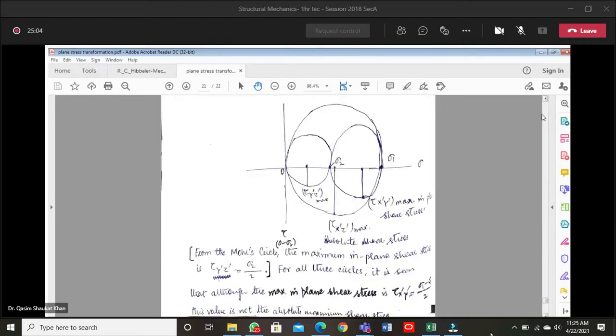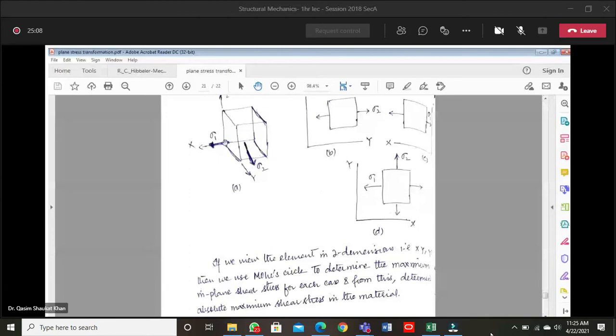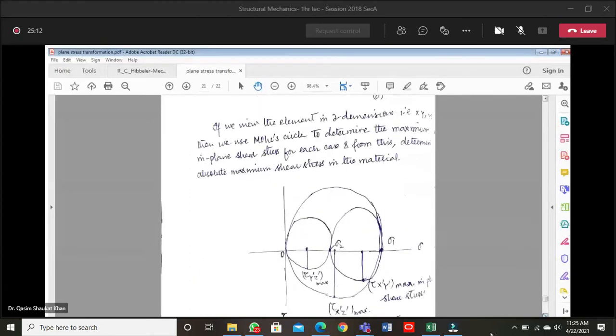Okay, guys, if in this case both sigma 1 and sigma 2 would have been negative, then even then you would have got the same condition, same figure, but they would have been on the negative side. But your absolute maximum shear stress and maximum in-plane shear stress would have been the same. You get it?